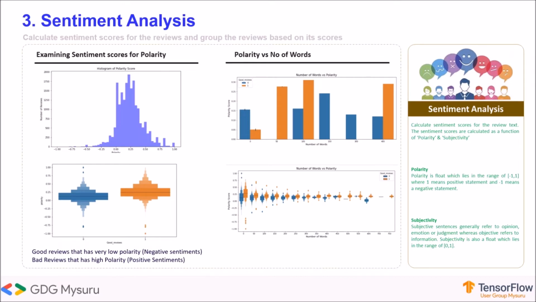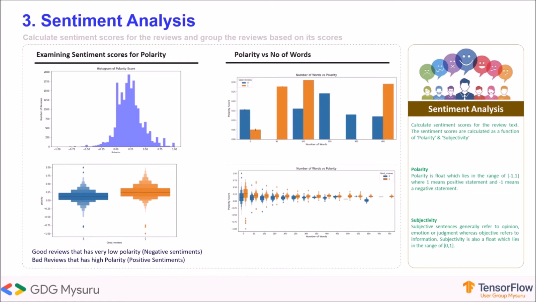And the third one is the hybrid, in which the system combines both the rule-based and the automatic approaches. In this example, I have used the rule-based Python scripting, which uses the stemming, tokenization, the part of speech tagging, etc. to calculate the sentiment score with the help of polarity and subjectivity.